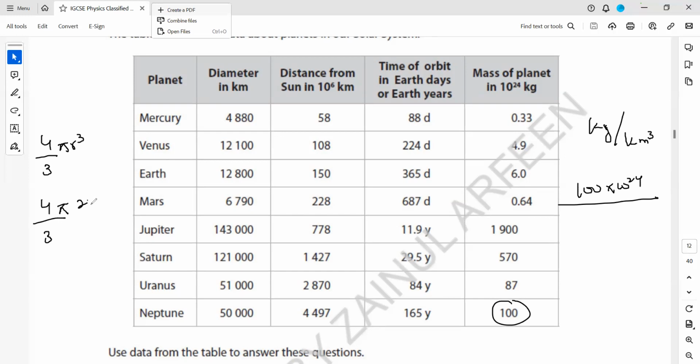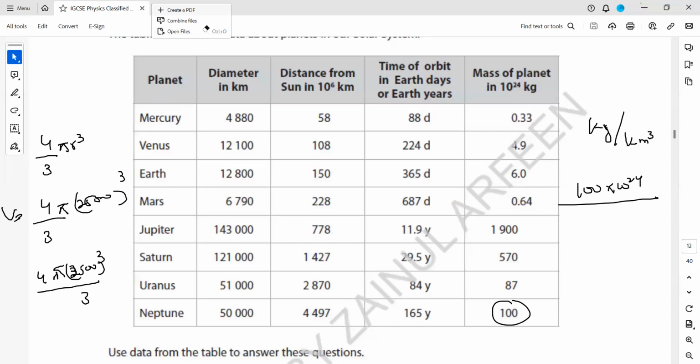So you can separately get the volume: 4 into pi into 25,000 cubed, divided by 3. This will give us the volume, then substitute it here, and you will get the density in kilograms per kilometer cubed.